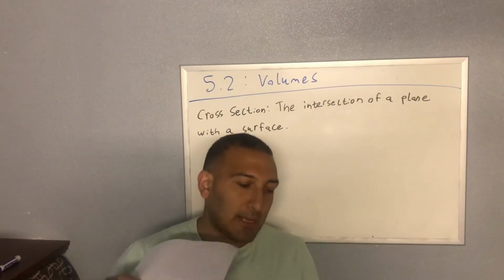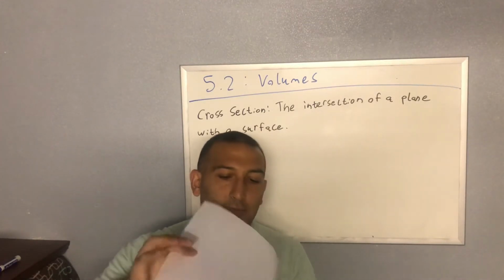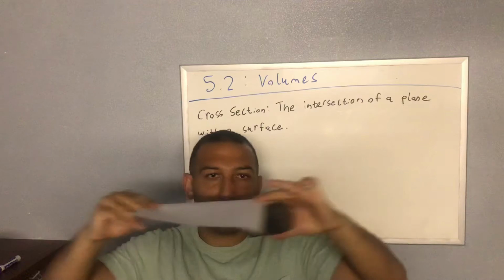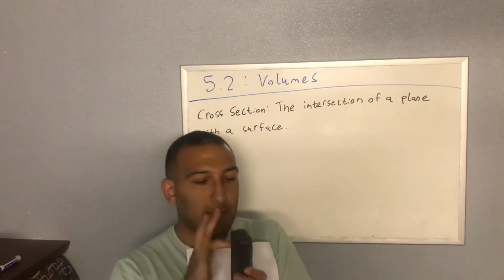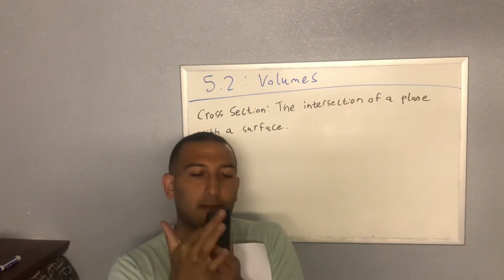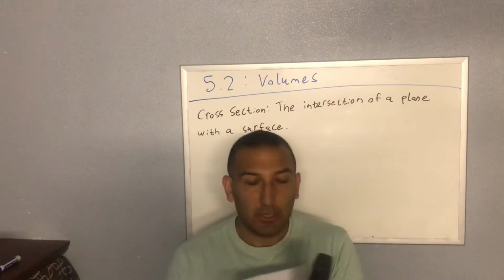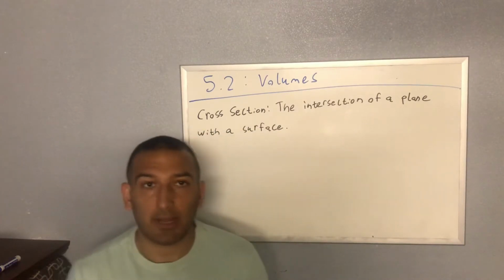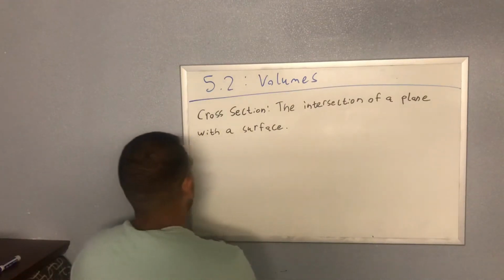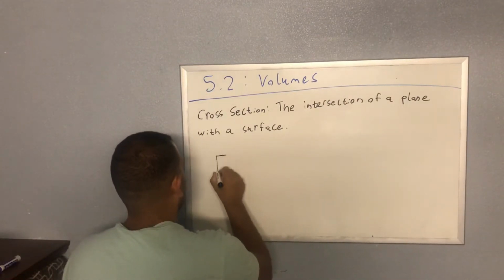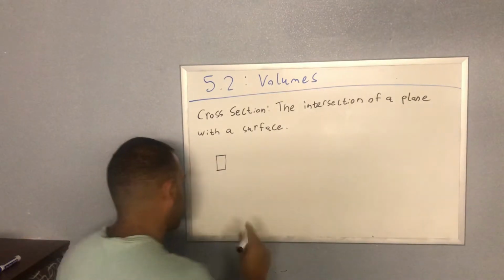If I take the plane and I pass it through like this, the plane, if it would stay still like this, if I pass it through the eraser, what I'm going to get is this chunk right here, right? Whatever it passes through, I'm going to get the chunk and the inside of that. So the cross section there would be like a rectangle. It would be like this little rectangular piece here. So that would be a cross section.